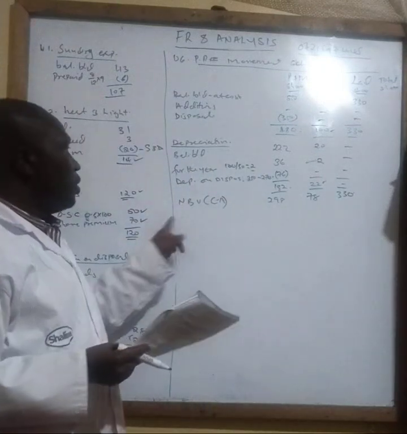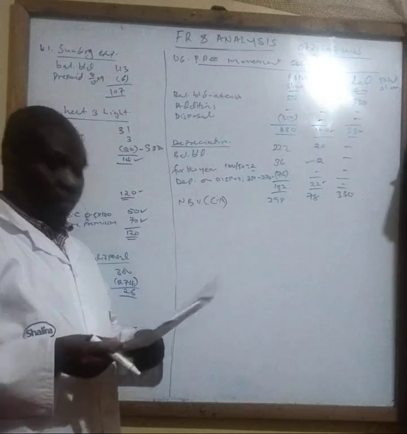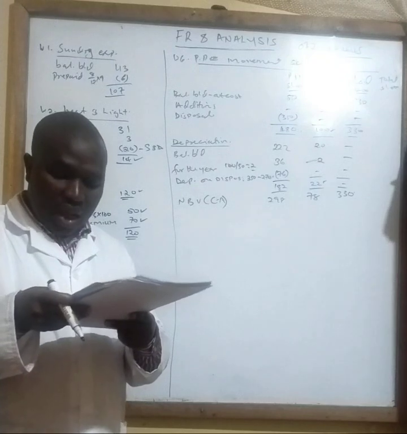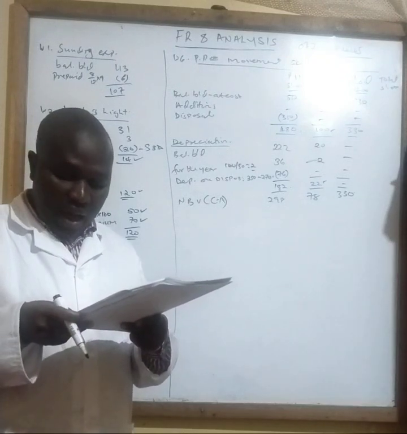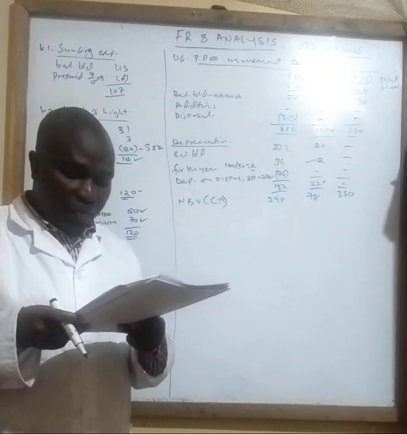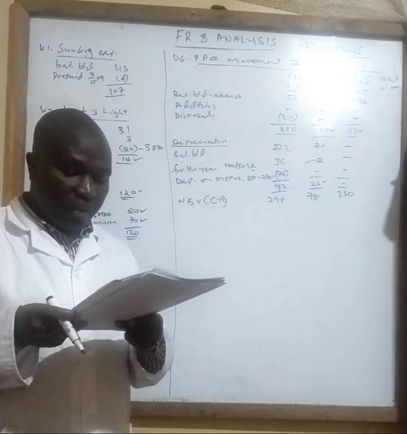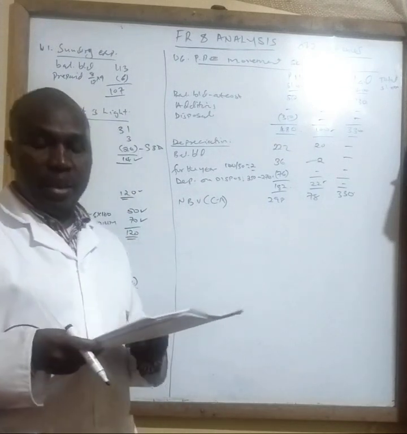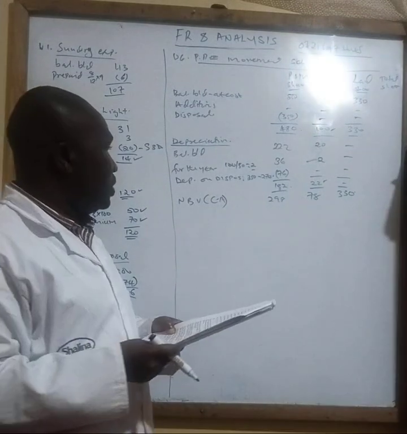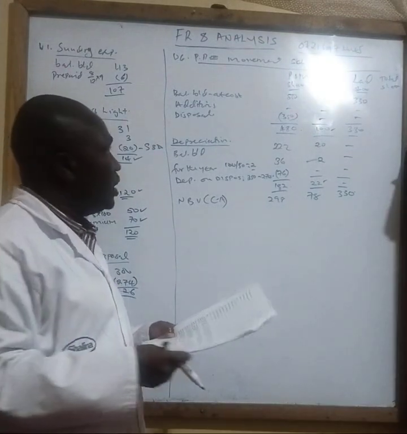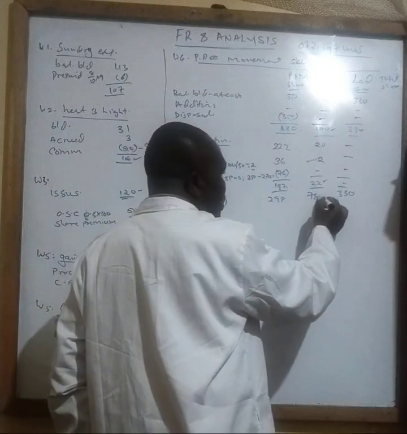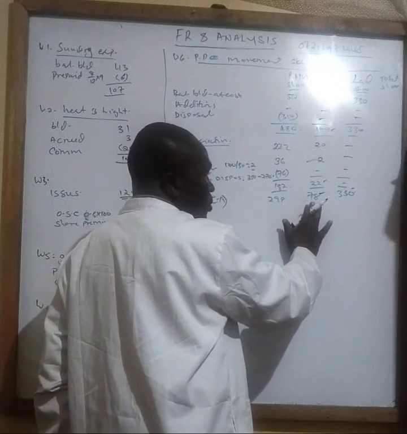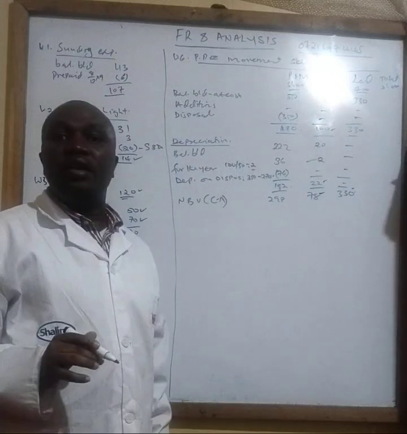Correct? Now, from here, we now want to do what we call revaluation according to additional information number E. The last part of number E: as at 31st December 20x7, the property is to be revalued at 800,000. Which property is that? Land and buildings. Land and buildings is being revalued to 800, which means that when you add the total between this and this one, it should give you 800.